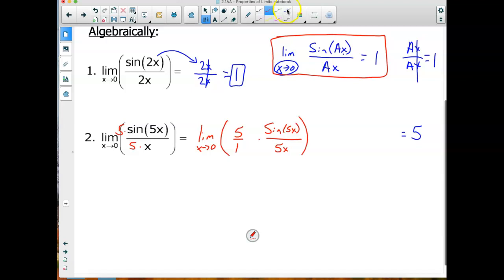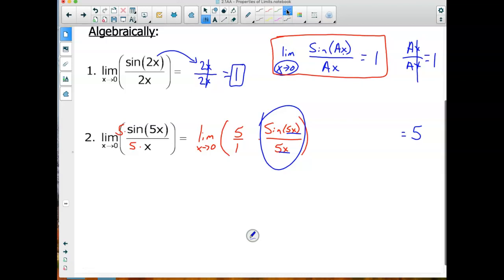And why can I do that? Because I just wanted to make this little thing here. I can't really draw very well, but I know that limit right there, because it's the same thing over the same thing, sine is going to equal 1.